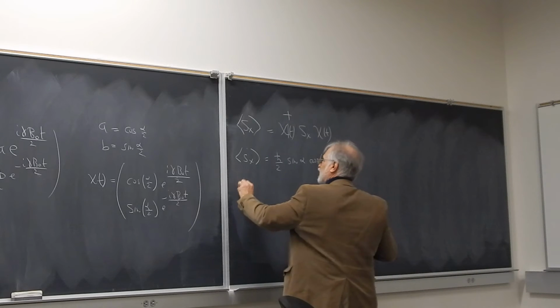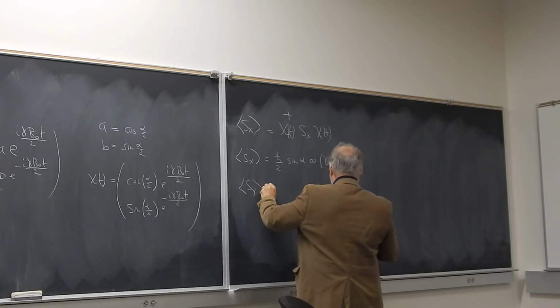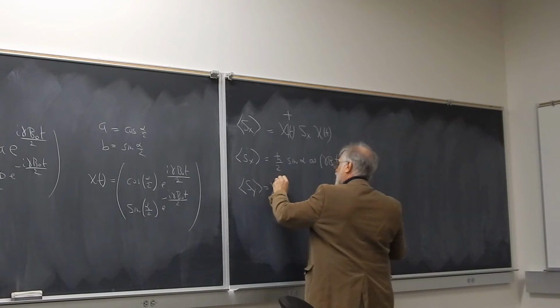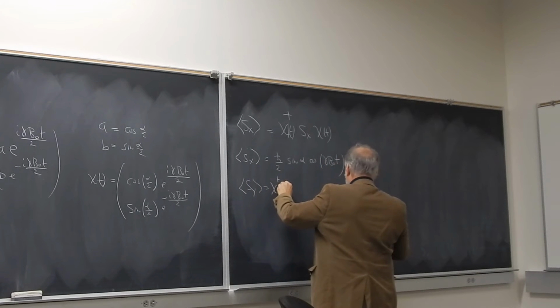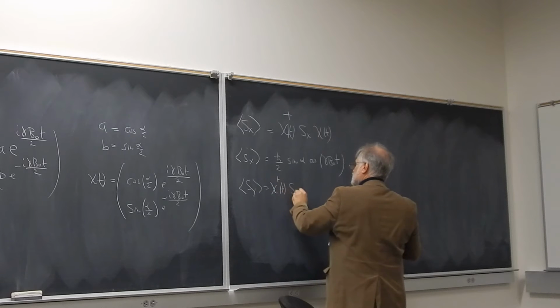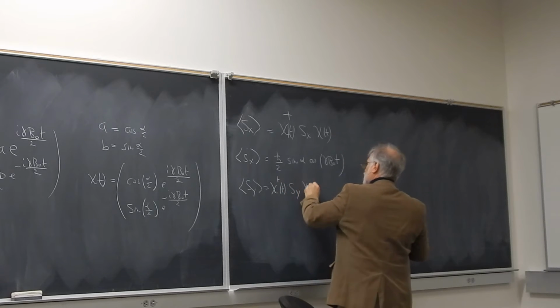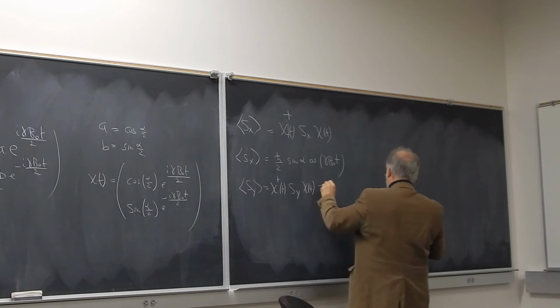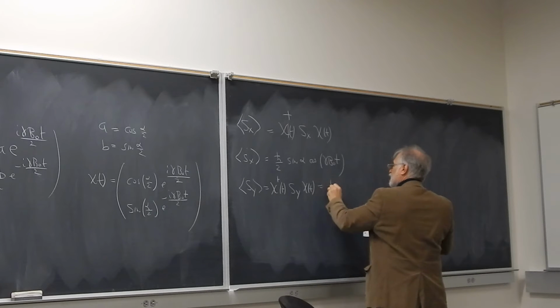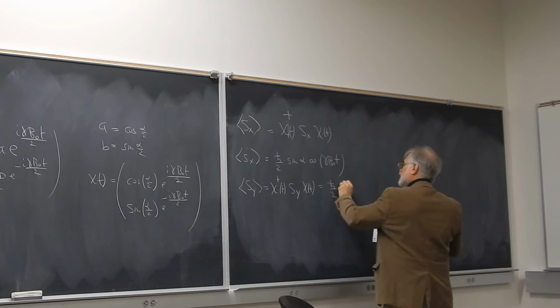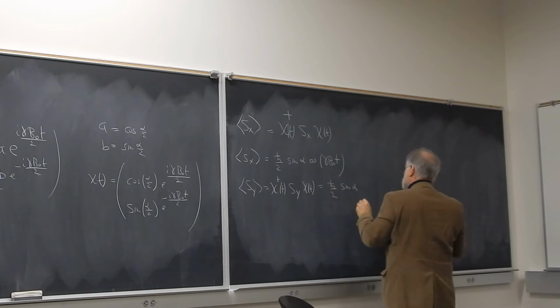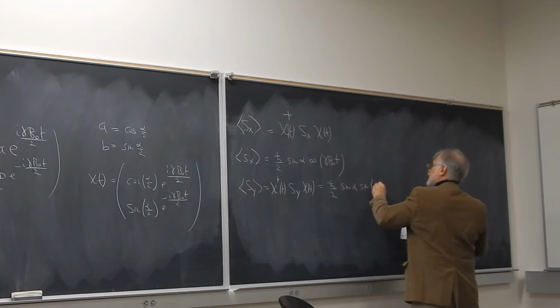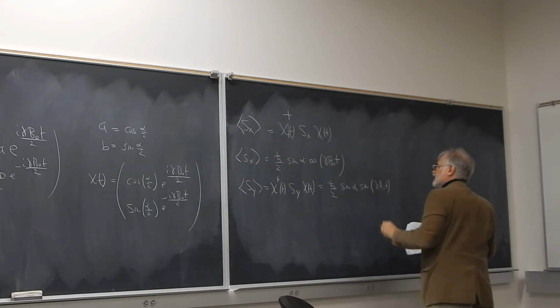If I did the same thing for S y, chi dagger of t S y chi of t, I would get minus h bar over 2 sine alpha sine gamma B naught t.